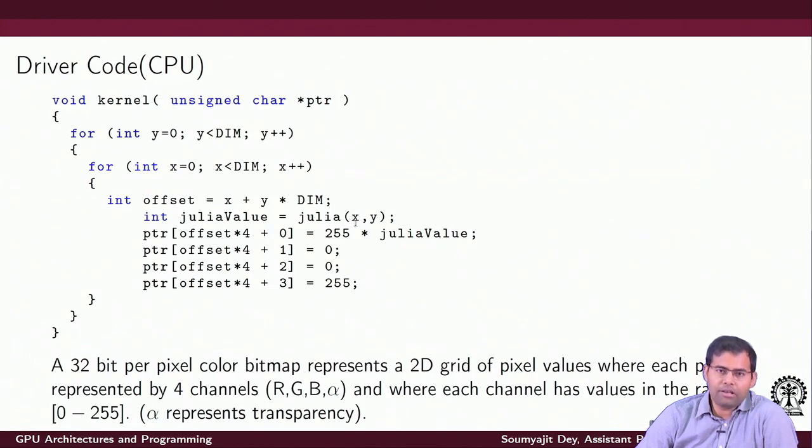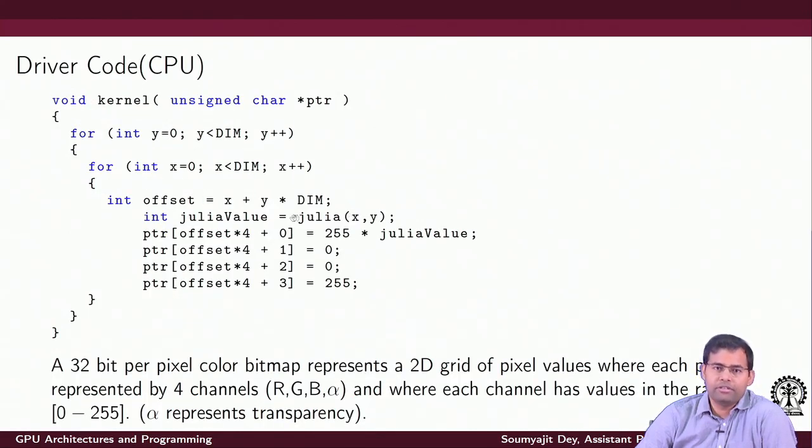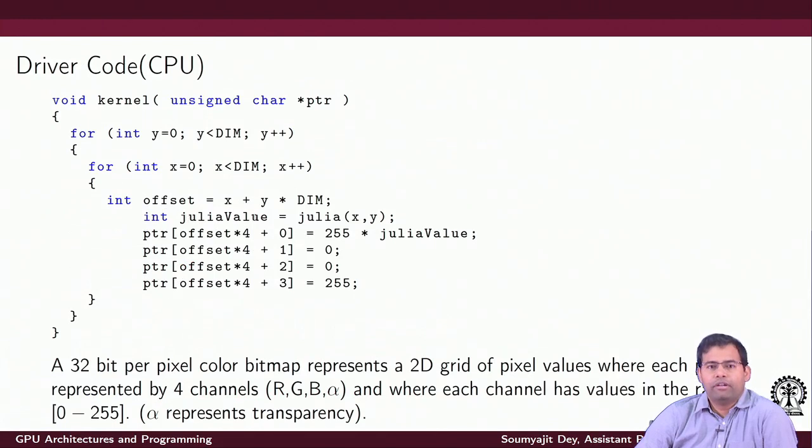I pass the parameters x and y to the membership testing function Julia that we discussed earlier, and in return it tells me whether this xy value is indeed a member of the Julia set or not. That is available here.